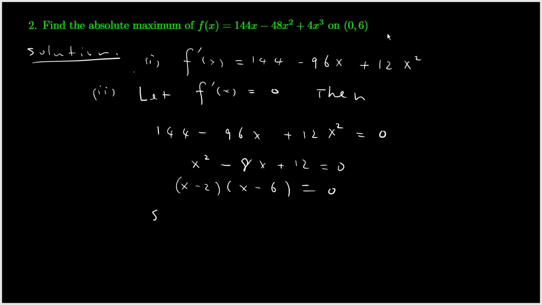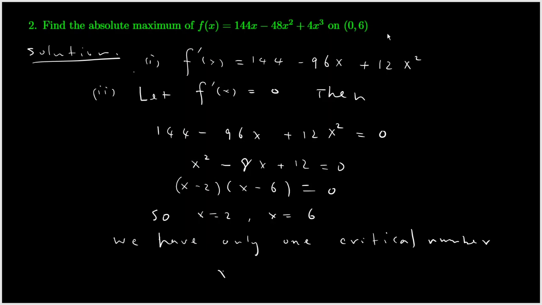So the solution to the equation, we have two solutions. We have x equals 2 and x equals 6, but 6 is not in the domain of the function. We have only one critical number. x equals 2.